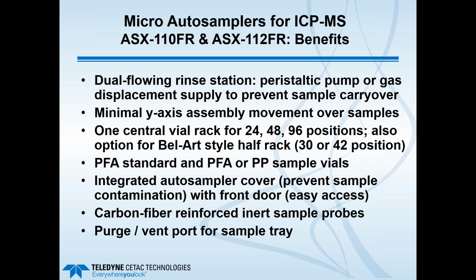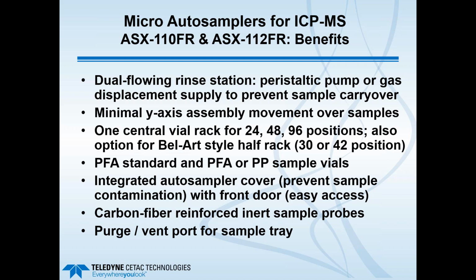There is minimal y-axis assembly movement over the sample, and the y-axis assembly is what's used to position the probe over the standards and samples. Minimizing that movement can also help minimize any potential contamination of a sample or standard.